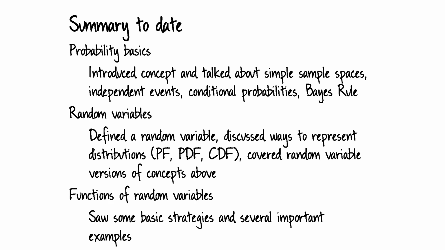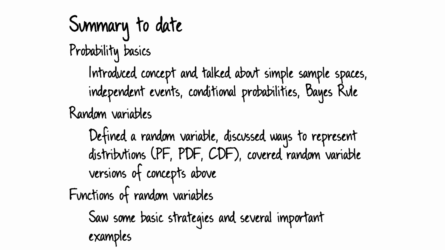But do note that we didn't study Bayes' rule in the context of random variables. You can actually formulate a Bayes' rule using random variables, which we didn't do. But Bayes' rule is a very important concept that, aside from the one concept we covered in the beginning, wasn't just foundation for the rest of what we're doing.